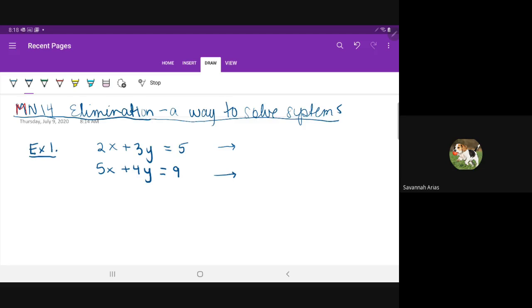Okay, so I'm going to write my steps underneath instead of sideways. Usually I write it to the side and then I have no space to write what I want to write.